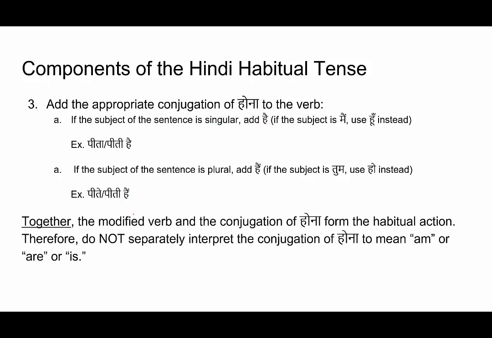When we add the conjugations hai, hon, ha, or ho, we may be tempted to translate them to mean am, or are, or is, just as we've always done in the past. However, when these conjugations are part of the habitual form of a verb, they do not translate to mean am, or are, or is.